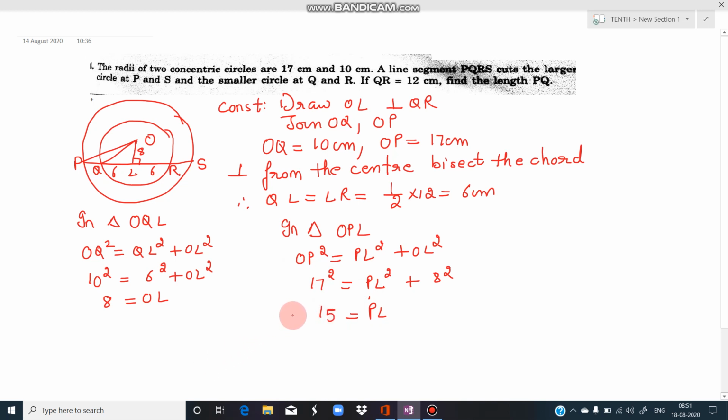But our question is not to find PL. Our question is to find the length of PQ. So PQ is equal to PL minus QL. PL is 15, QL is 8, so PQ will be equal to 7 centimeter.